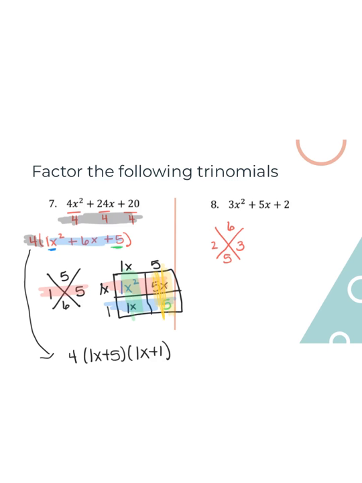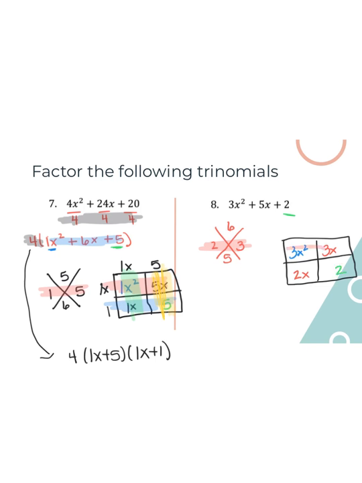And now I can go ahead and just make my box with those ones, since I don't have to take greatest common factor out of it. Okay, so I'm going to start with my a value, 3x squared. I'm going to add my b values, which is 2x and 3x, and then end with my c value, which is that 2.